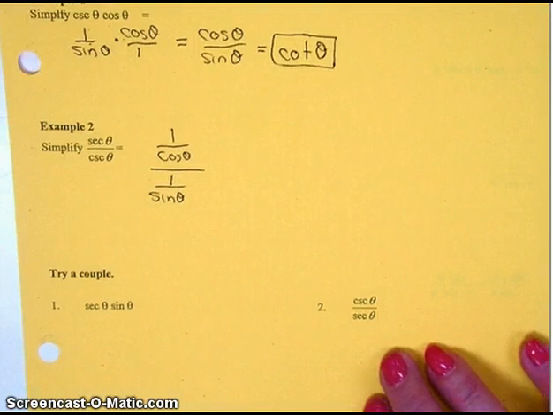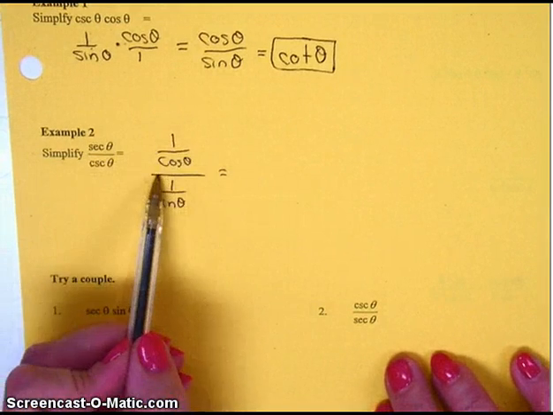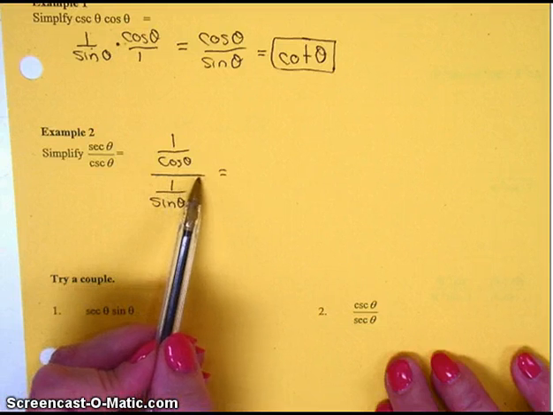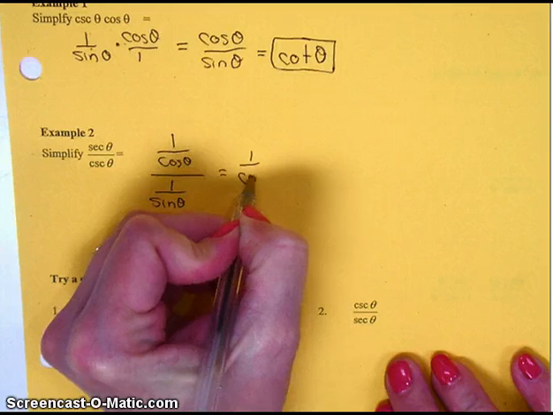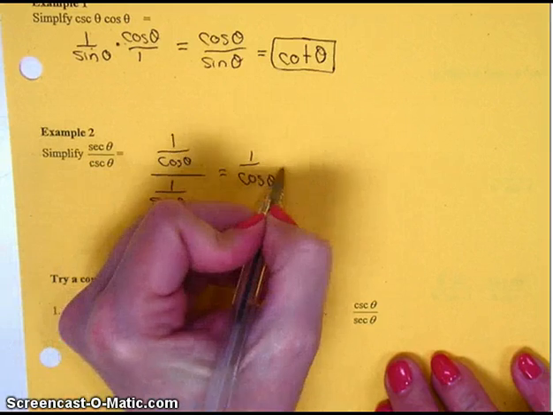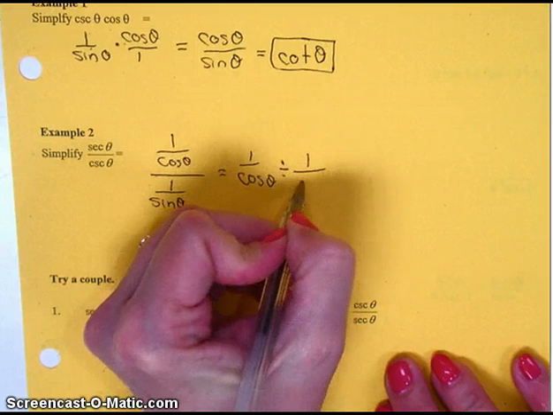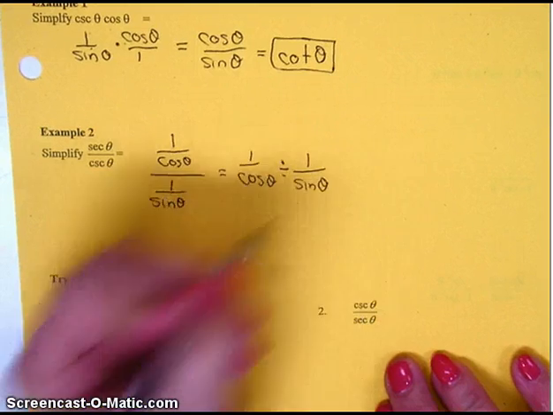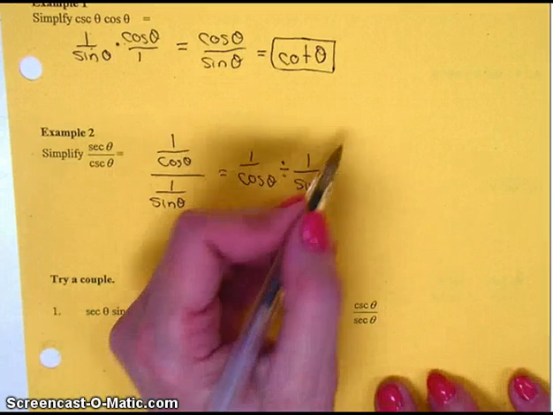Now, I know you're going, what the heck is this mess I've got going here? Well, we're going to change this division bar into a division symbol. So we're going to write 1 over cosine theta divided by 1 over sine theta. We haven't really changed the problem, we just changed how it looks. Now it's division.